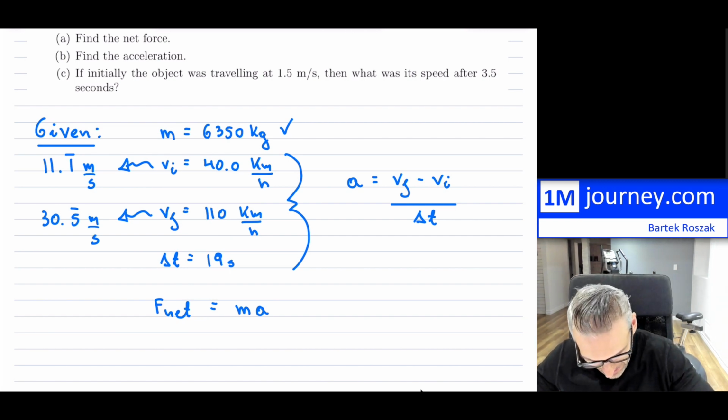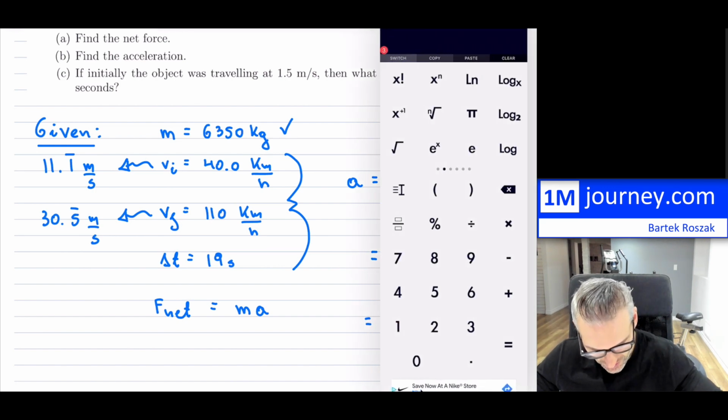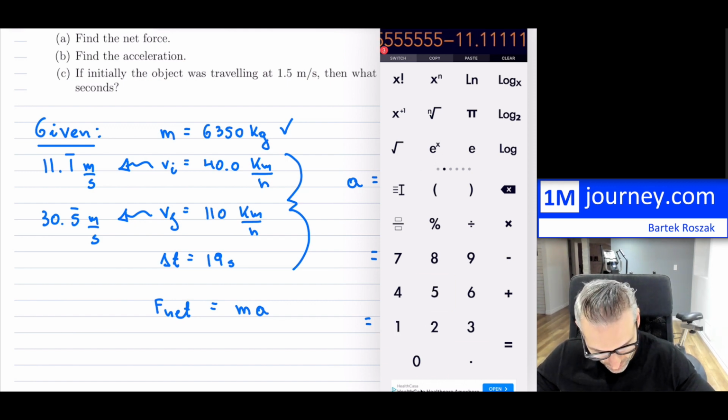Now I can calculate the acceleration. So the acceleration is going to be 30.5 minus 11.1. Notice I'm putting the bar over because those 1s are repeating. And this is over 19 seconds. So I have my entire acceleration. Let's do that: 30 point a bunch of 5s minus 11 point a bunch of 1s.